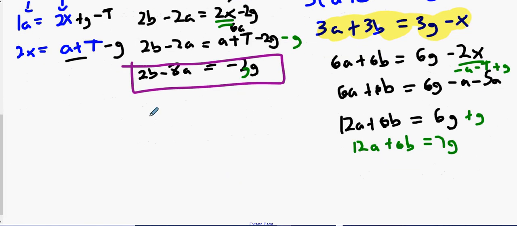I'm going to write this as minus 8a plus 2b equals minus 3g. I'm going to multiply this by minus 3. So I'm going to get 24a minus 6b equals, I don't know, 9g, is it?